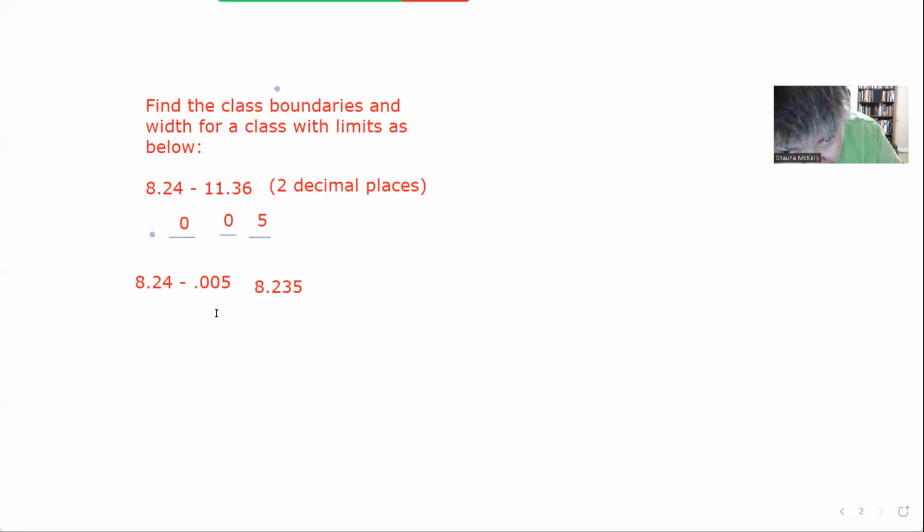Okay. So now that's my lower, this is my lower class boundary. Okay. So this is my lower class boundary. Now I'm going to take 11.36 and I'm going to add, because it has to be larger than this number, 0.005, right?